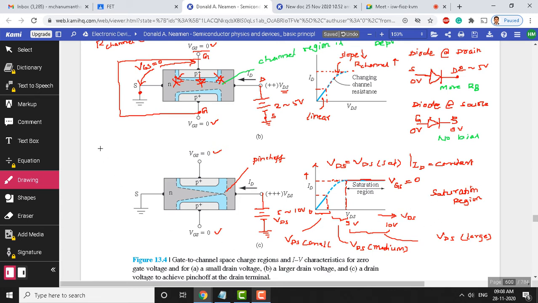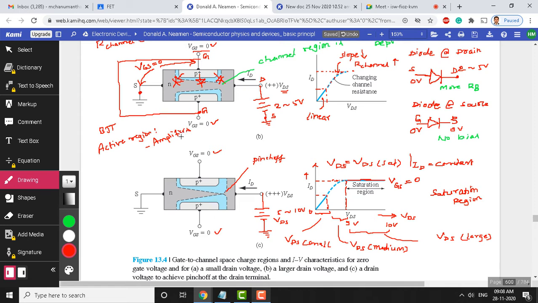Just like in BJT, the active region of operation is used for amplifiers.